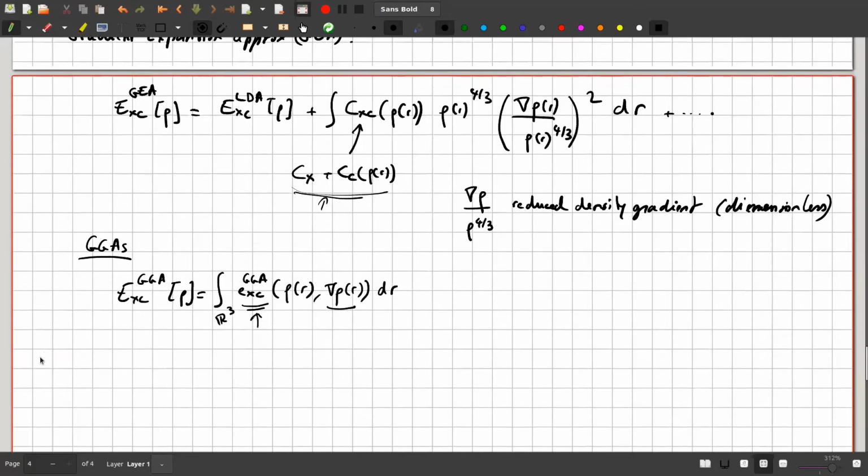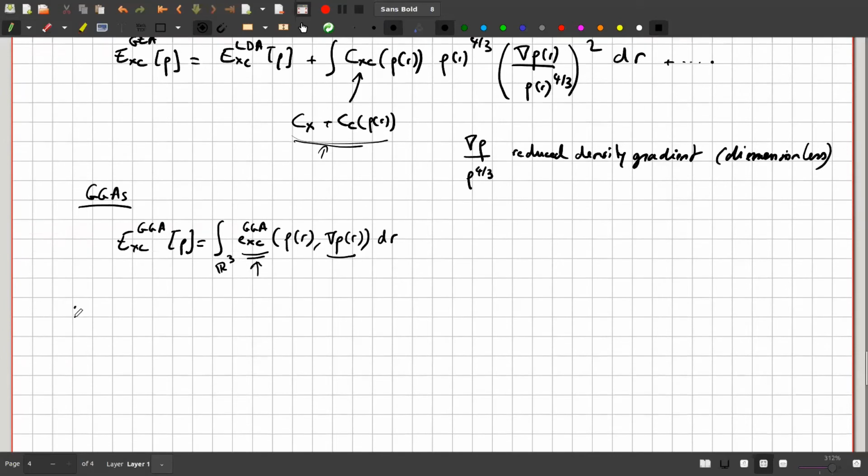Okay, so some examples of GGA functionals that have been proposed. Some of the most used ones. There is, of course, the Becke 88, which is called B88 or sometimes simply B. And this is an exchange GGA functional.